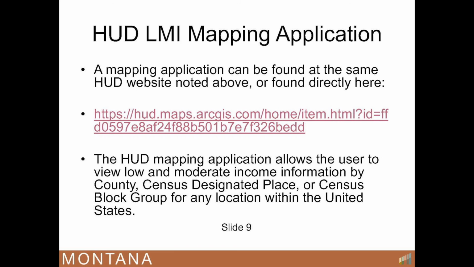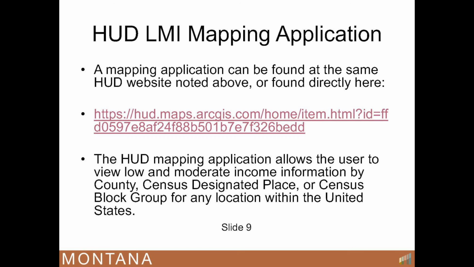So, of course, by looking at the HUD data and the mapping information for your census geography, you can determine those areas that are 51% or more low and moderate income, or areas that are less than 51%, again, according to the HUD ACS data. The mapping application then is very useful in planning a proposed CDBG project.